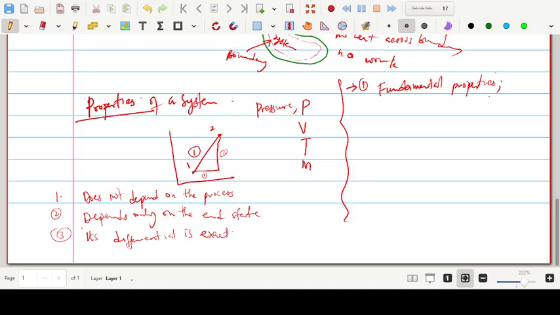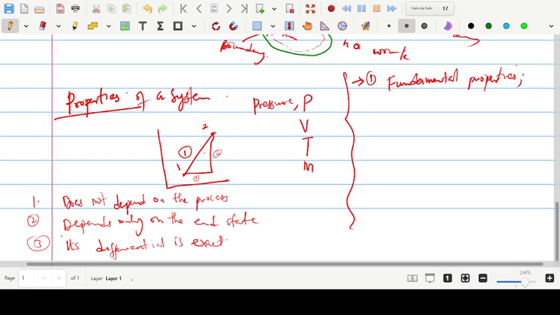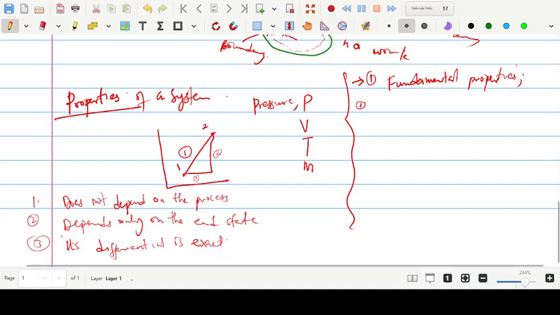The fundamental properties that we have are just 5. Please take note, they are 5 in number. Number 1, we have pressure.